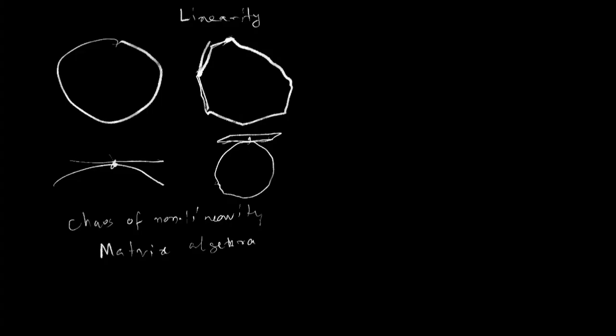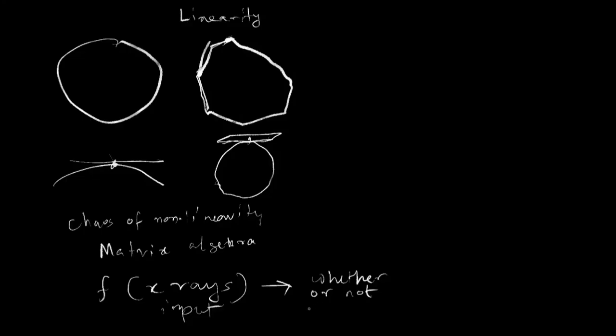Because something that is globally nonlinear, for example, if we have the function approximator of x-rays, this is the input, and the result is whether or not someone has cancer, say.